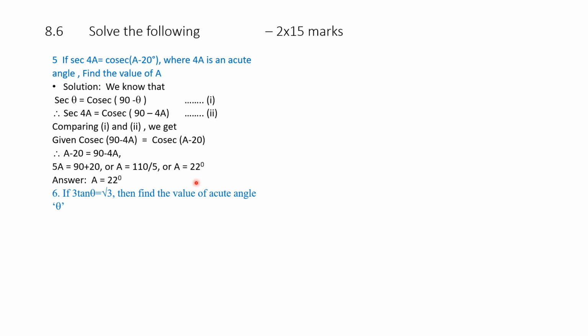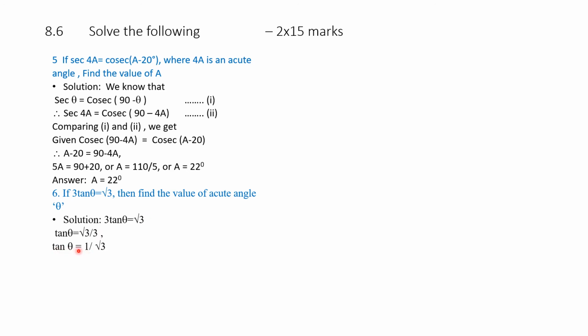Question number 6. If 3 tan theta is equal to root 3, then find the value of acute angle theta. Solution. Given 3 tan theta is equal to root 3. Therefore, tan theta is equal to root 3 by 3, bringing this 3 to the denominator on the right hand side. Therefore, tan theta is equal to root 3 by root 3 times root 3, so root 3 remains.